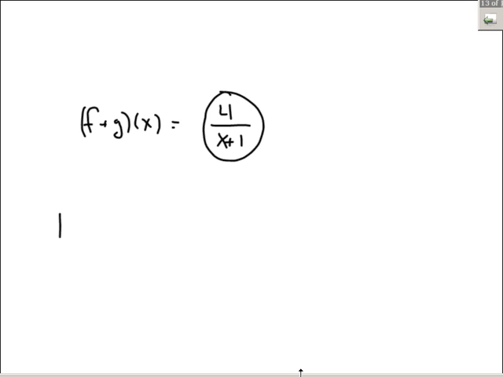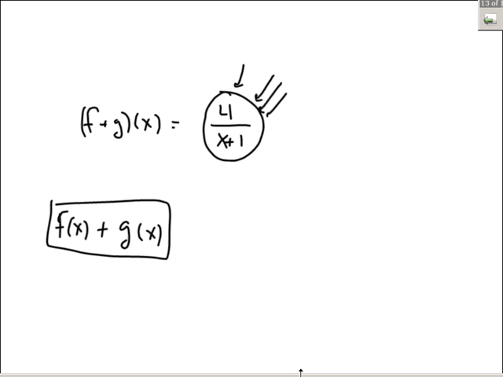Well, if you had computed the domain of f of x as well as the domain of g of x, one of them would have said you can't let x be negative 1. That is, the domain of the combined result will always be included in the domain of the original functions.